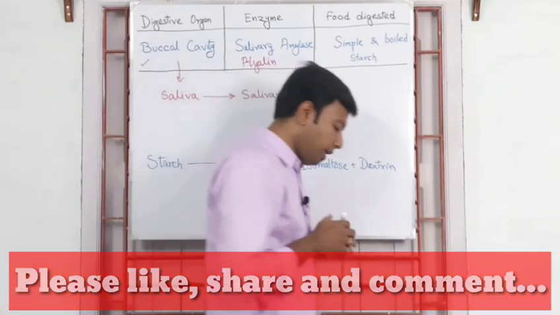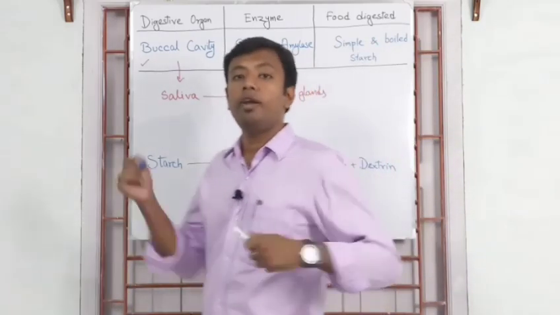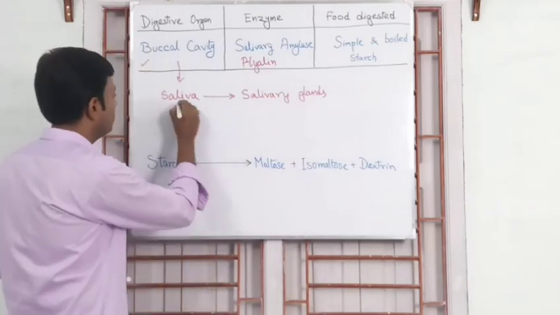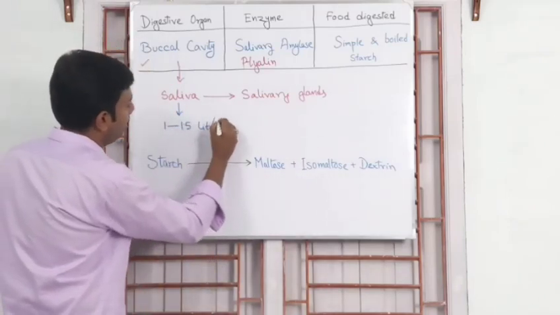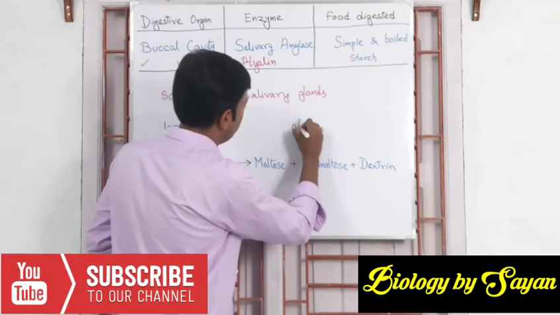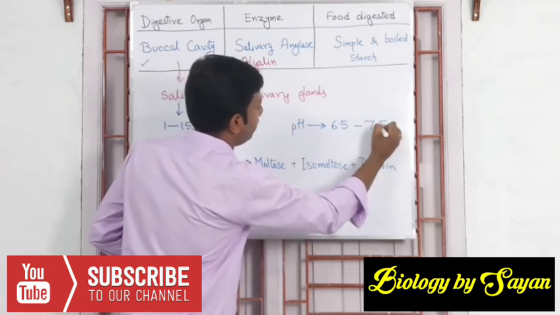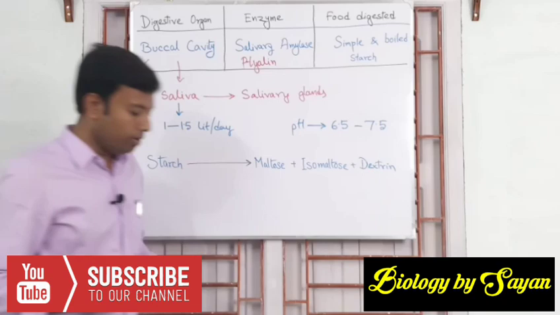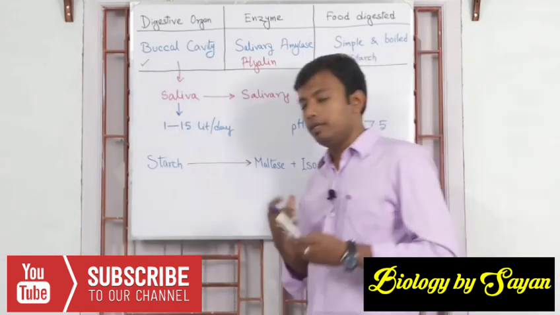Now all these different salivary glands generally produce almost 1 to 1.5 liter of saliva per day, whose pH range is almost 6.5 to 7.5.